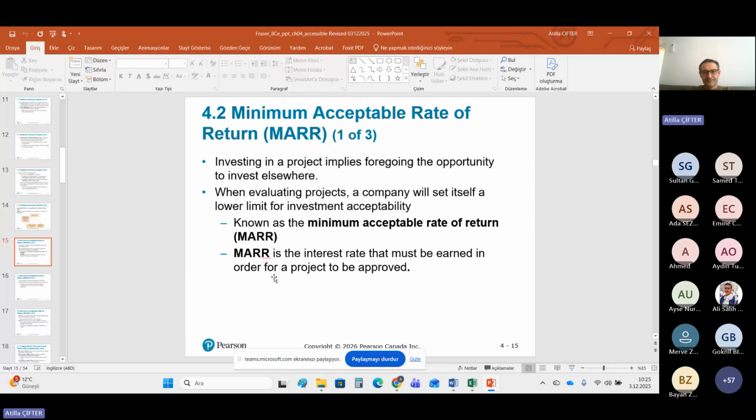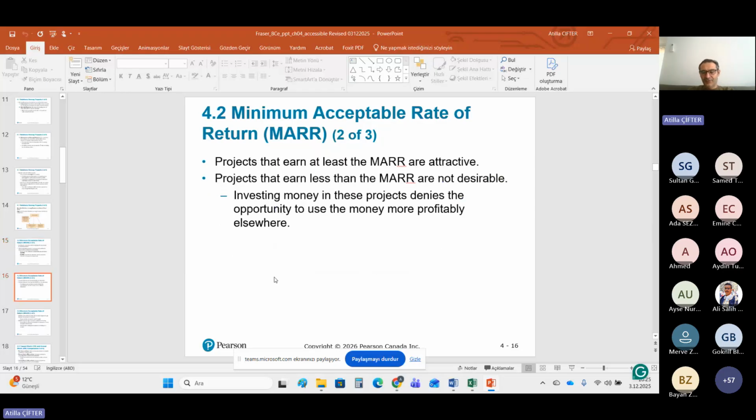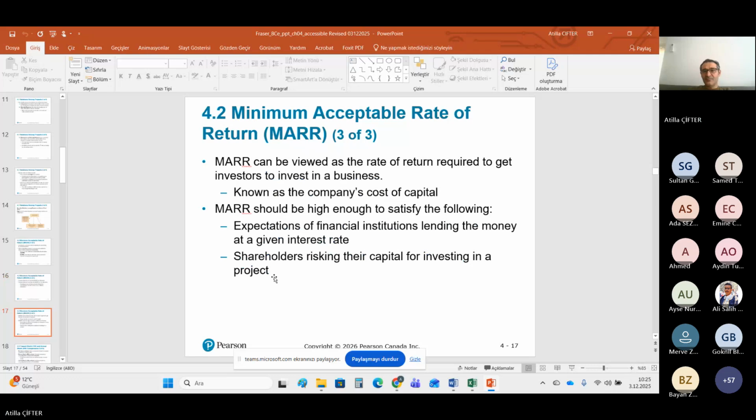Okay. So projects that earn at least this minimum acceptable rate of return are attractive and acceptable. If a project earns less than this minimum acceptable rate of return, then you say, okay, it's not desirable. I don't select it. So MAR can be read as the rate of return required to get an investor to invest in a business.